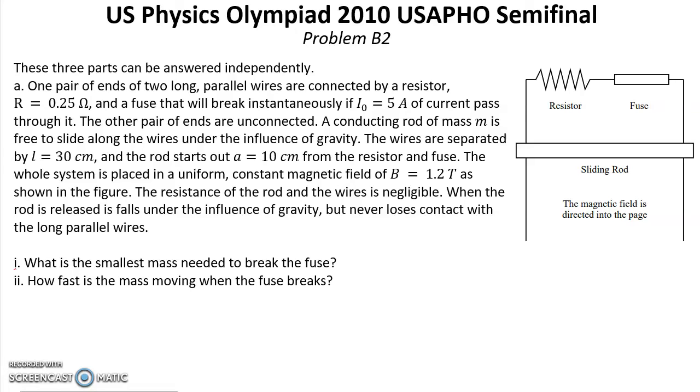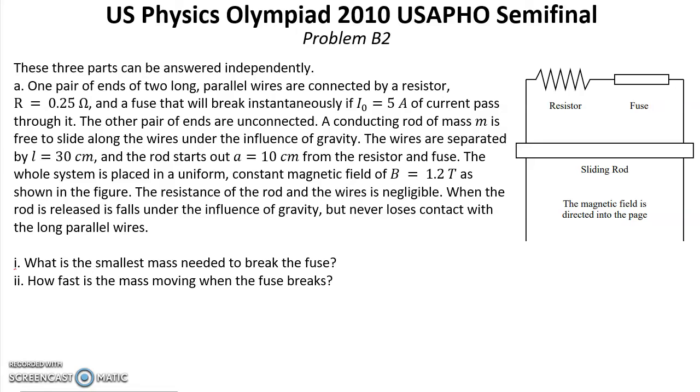Let's count it. When we have a rod which is free to fall under gravity, it will start to accelerate, but because it's moving through a magnetic field, due to electromagnetic induction, there will be an EMF created to decrease this acceleration, and there will be current through this rod going in the direction to reduce this change of magnetic flux.